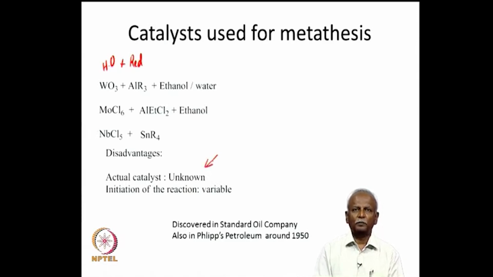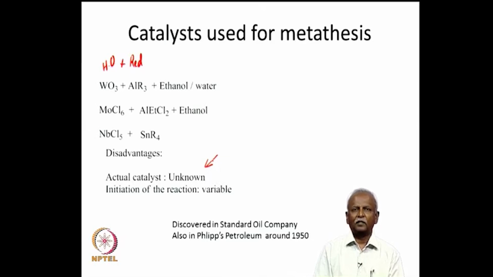It was an unknown species, and there was very often an initiation period that was required in order to start the reaction, and so the reactions were slow to begin with before they took off. This means that when you have reactions which lead to polymers, you have a large range in the molecular weight. We will talk about this a little later on during the course of this lecture also.